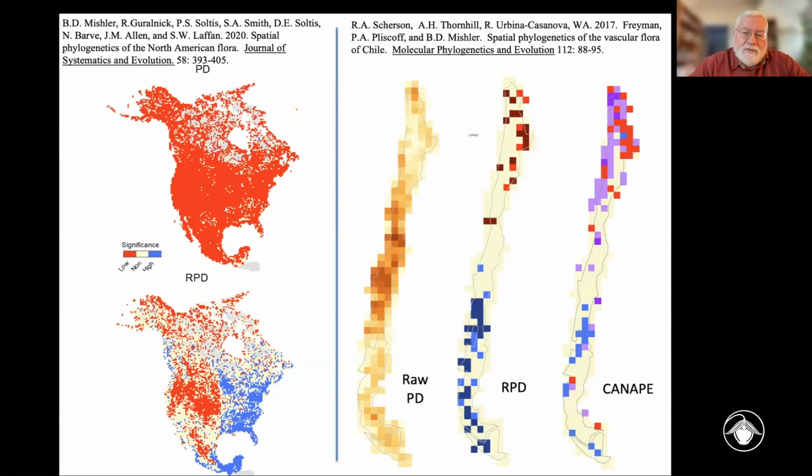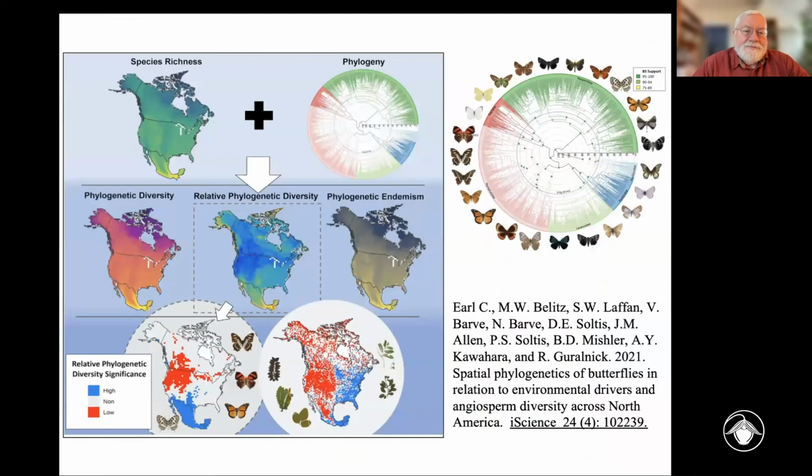For example, if you know Chile at all, the desert side of it is just like California, with concentrations of short branches, where the wetter temperate parts of it, even the rainforest part down here, have long branches co-occurring together.